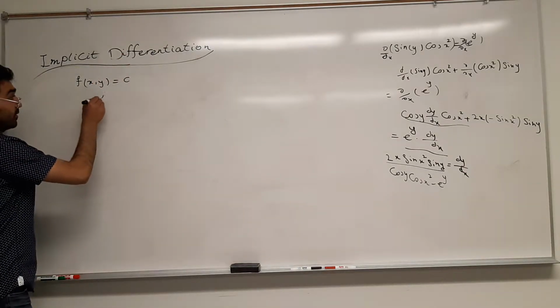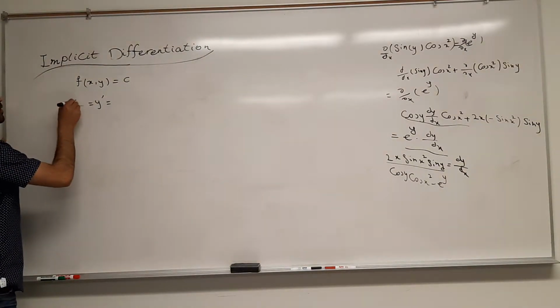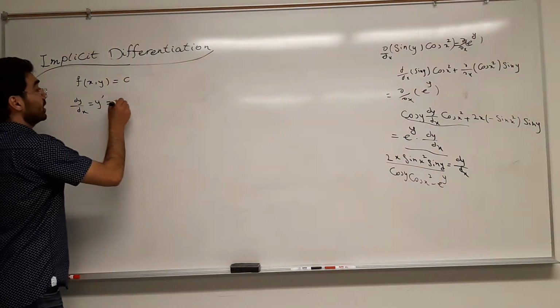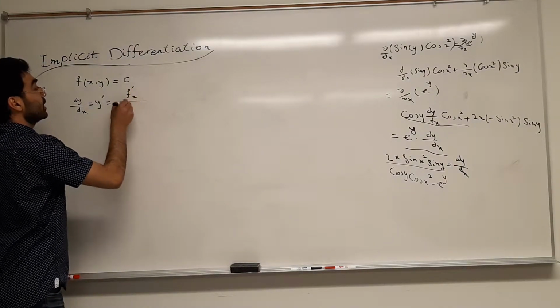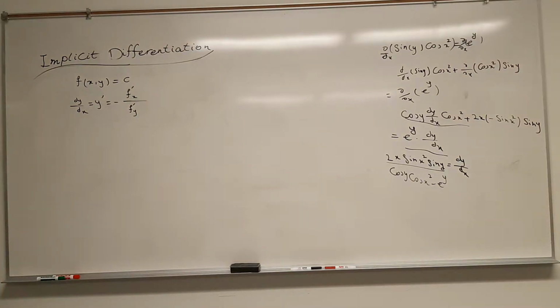And the final formula for y prime or dy/dx, I don't want to go through the derivation, it's still early. We get negative f prime sub x over f prime sub y. And what do these two mean?